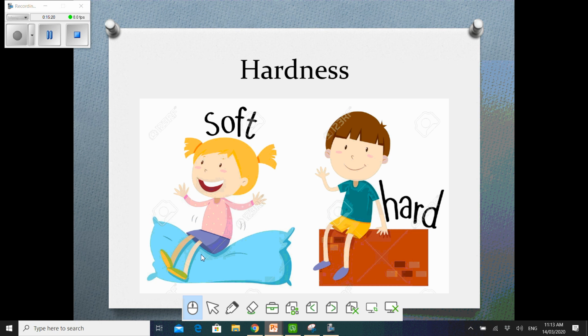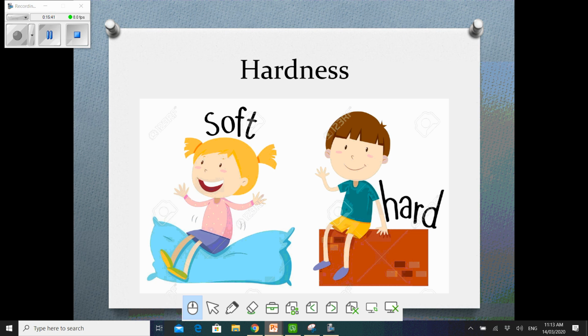Look here, how here up, here down, but here it's the same level, hard. It's not going up and down, the same. So the pillow is soft. The wall is hard.